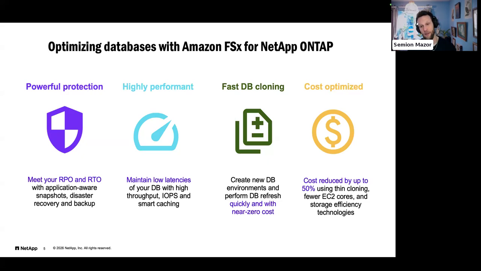And while doing all that, FSx for ONTAP also provides options to cost optimize the operation by using fewer EC2 cores with thin clones, with different storage efficiency technologies, and also the option to optimize the database licenses.